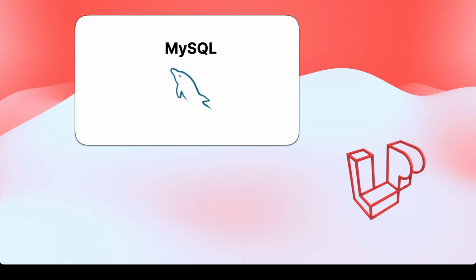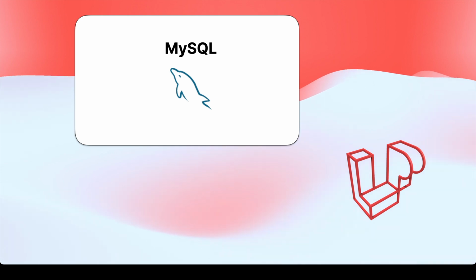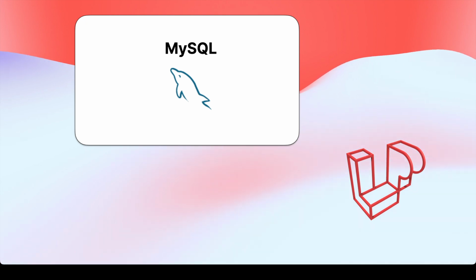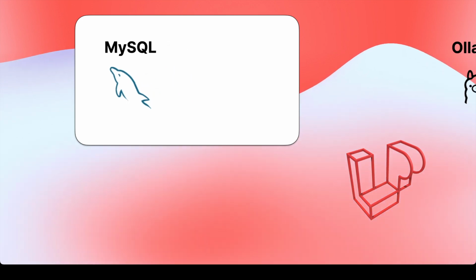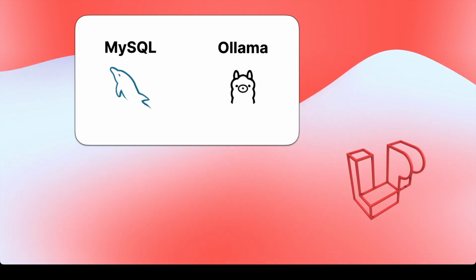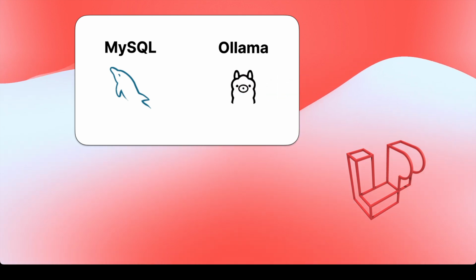So when you first started learning RDBMS, you probably started with something like MySQL, because it's open source, it's free, you can download it in your local environment and get going. Great way to learn how to use a SQL database. I'd like to introduce what I like to refer to as the MySQL of AI, which is called Ollama.